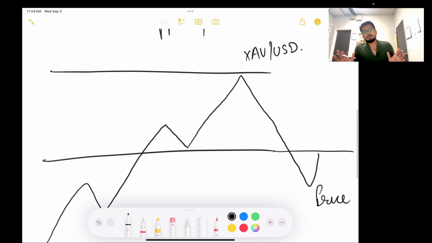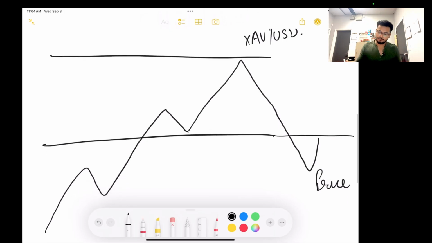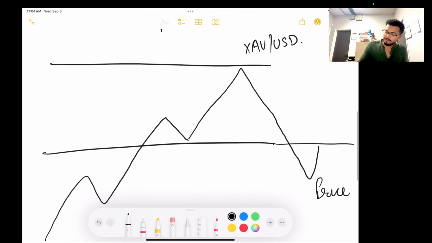And with support and resistance, it helps us to identify key zones where price took support previously and what can be expected of price when it reaches key levels. So this right here will be our resistance.